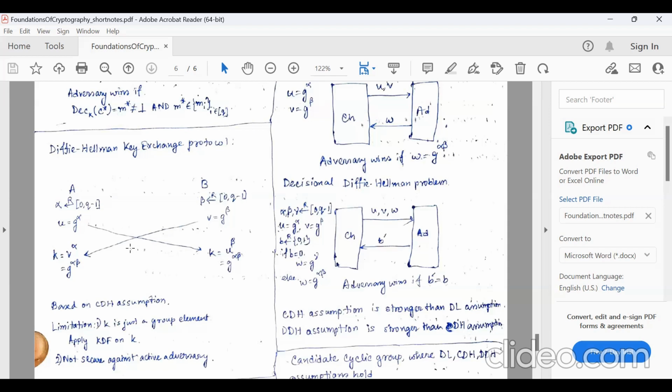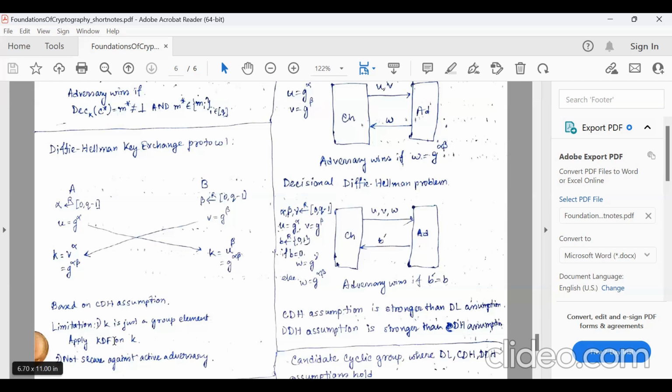But this key exchange protocol has a limitation: k is just a group element. You should actually be able to come up with any uniformly random looking string as the shared secret between the two parties, but it is restricted to be some particular group element. So after calculating g to the power alpha beta, you can apply some key derivation function on that key k.